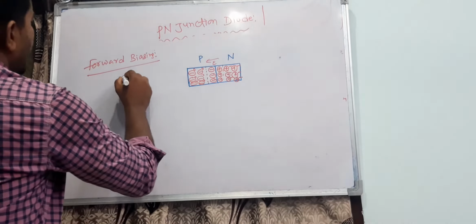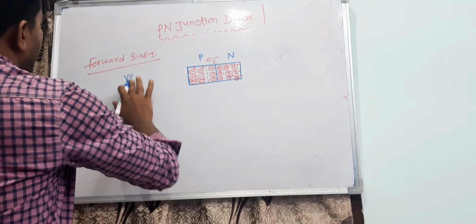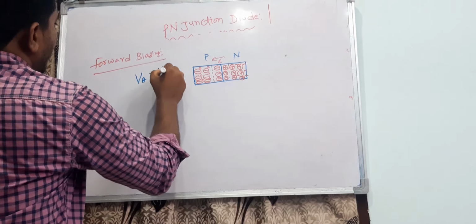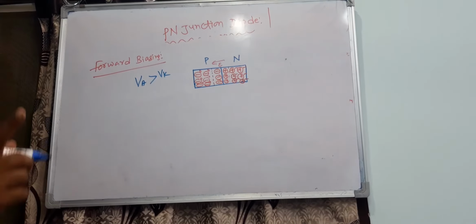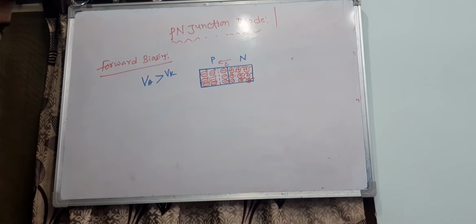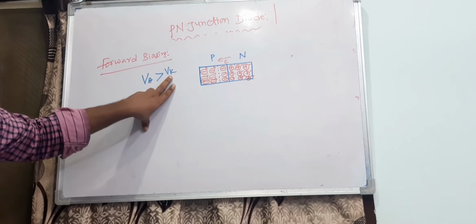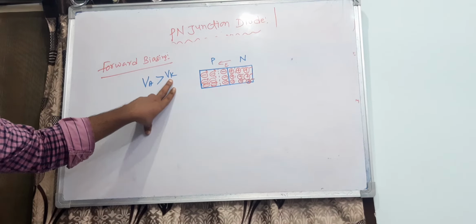So forward biasing means if the applied voltage is greater, or the anode voltage is greater than the cathode voltage. We can define forward biasing in two or three ways. The first definition is if the anode voltage is greater than the cathode voltage, then the diode is connected in forward bias.